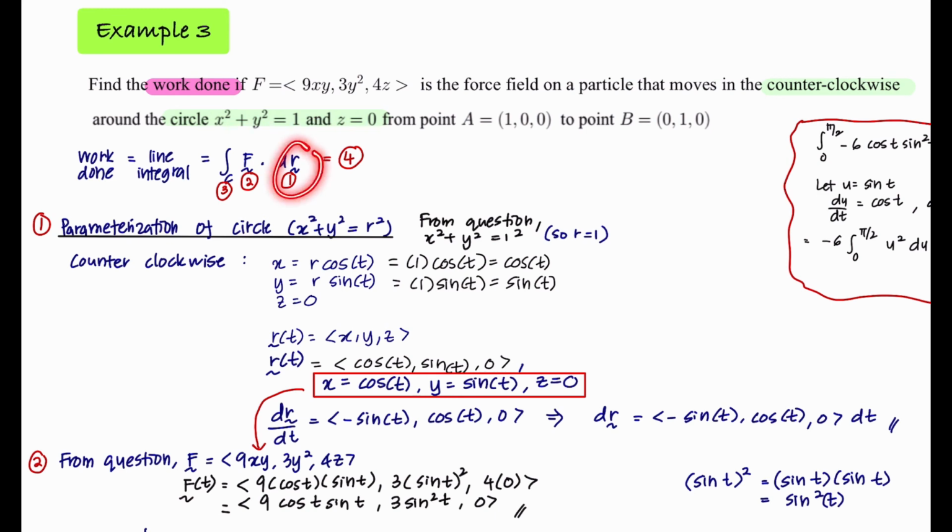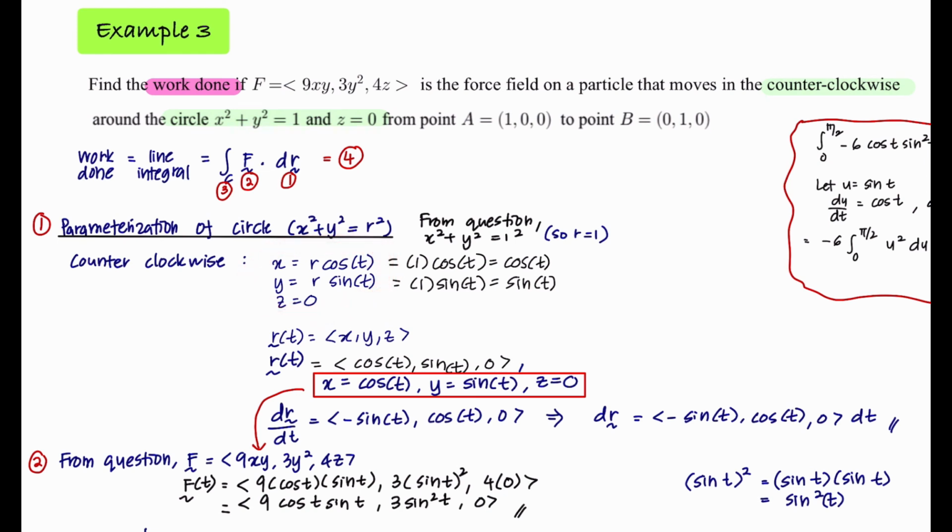For the first step, you have to find dr here. So r here is the parameterization of the circle. Refer to the table that we discussed before. For this example, x, y, z is given by this formula.